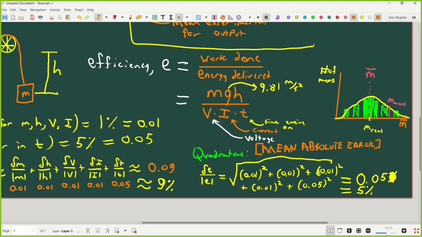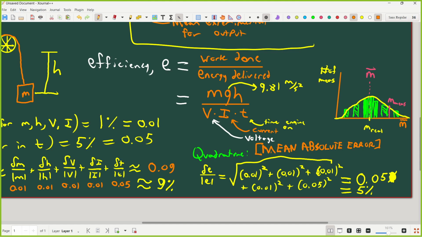Some people in science call it a mean absolute deviation, or a MAD. That's another term for it. It's just saying that on average, if all your errors and biases are averaged out, your uncertainty is going to be around 5%. Does that make sense to everybody?